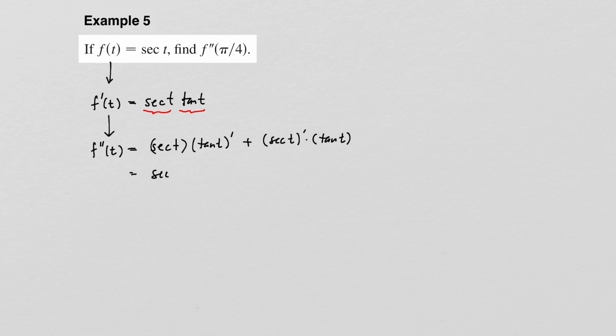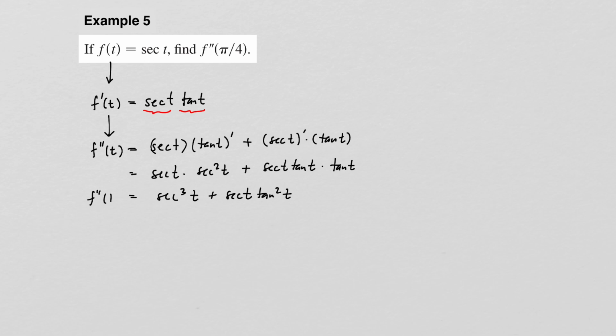And so this is secant of t times secant squared of t, plus the derivative of secant, which is secant tangent, and then times another tangent. And so this becomes secant cubed of t plus secant of t times tangent squared of t.